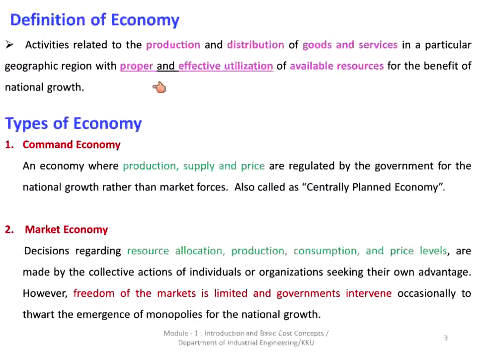You need not pay more money and purchase additional resources. With what resource you have, with what resource is available with you, we are trying to use them properly and effectively in order to produce some good products and distribute them to the society. Okay, so this we are doing for the benefit of national growth.